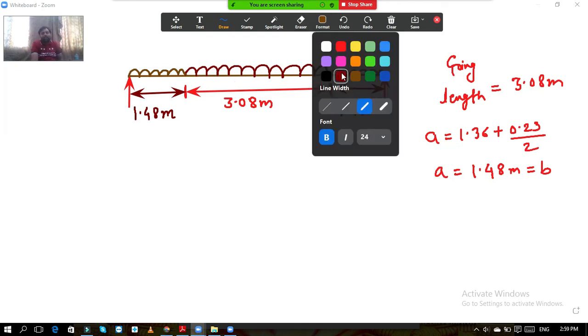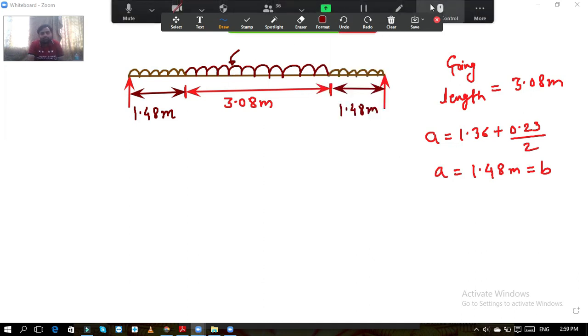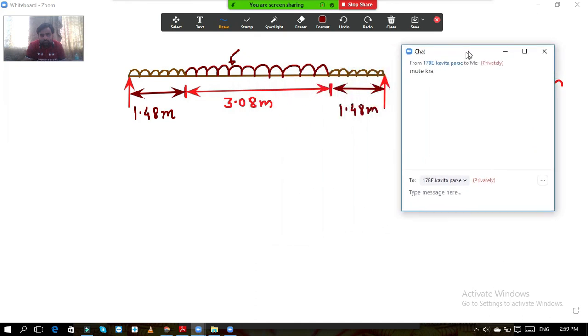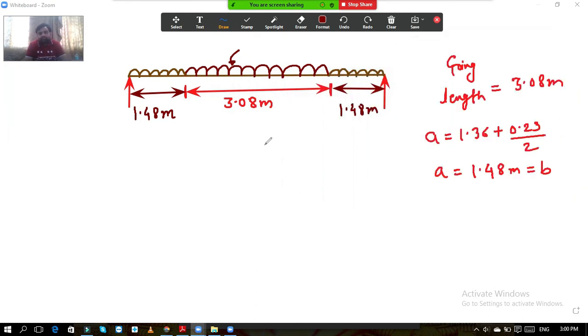So waist slab load is always exerted on the going length. So now what was the load we have calculated for waist slab? What was the load for waist slab?